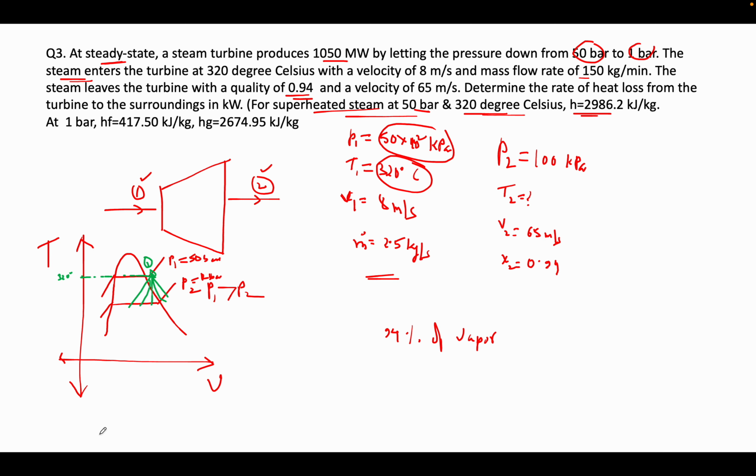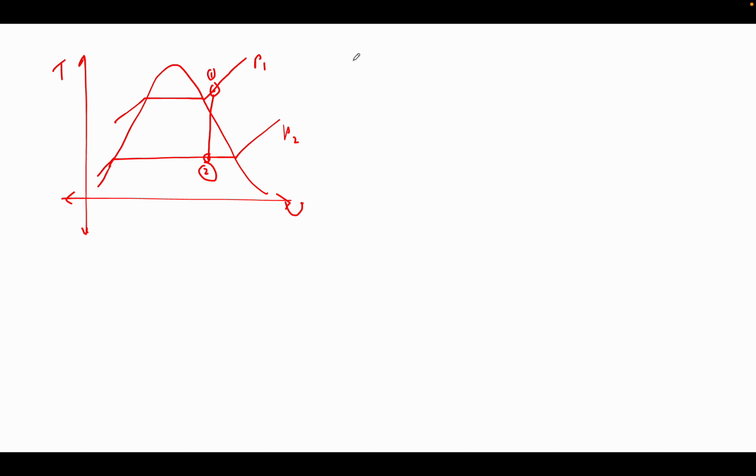Now let me write dE_CV by dt, that will be equal to Q dot minus W dot. I will write this as h1 minus h2 plus v1 squared minus v2 squared by 2 plus g of z1 minus z2.